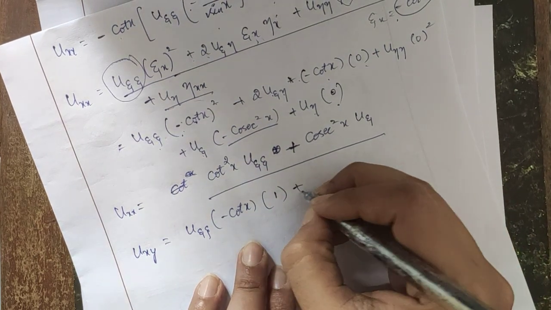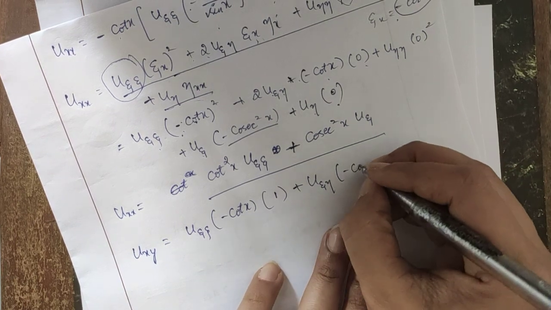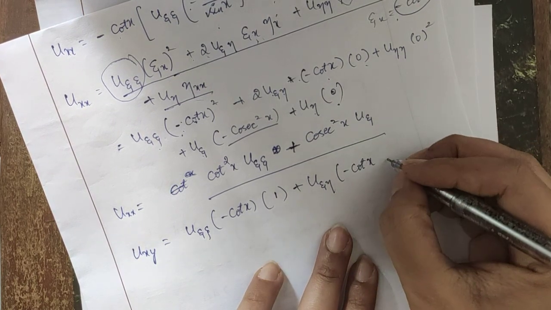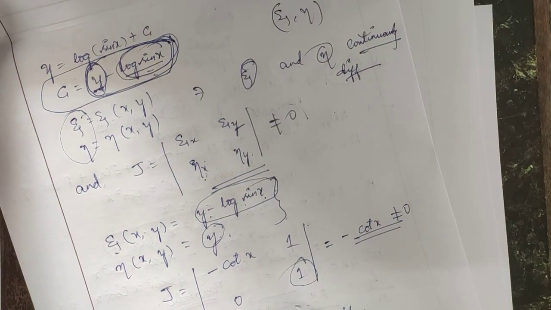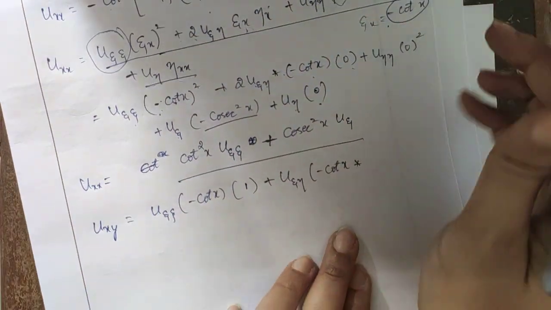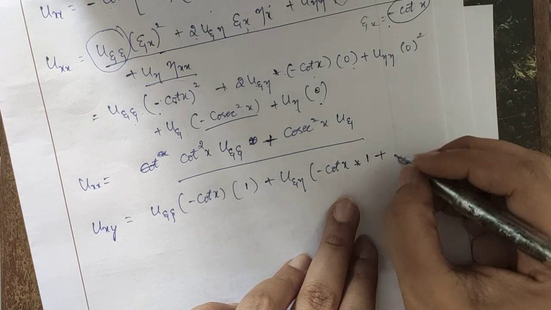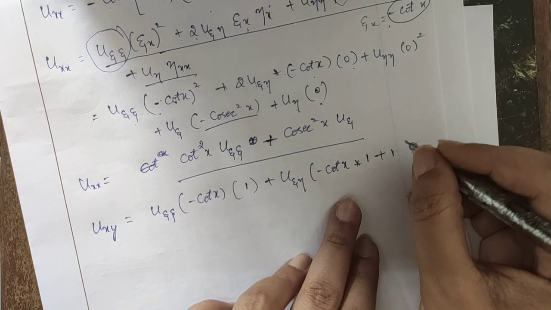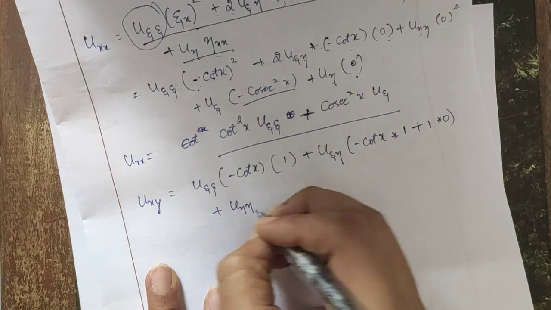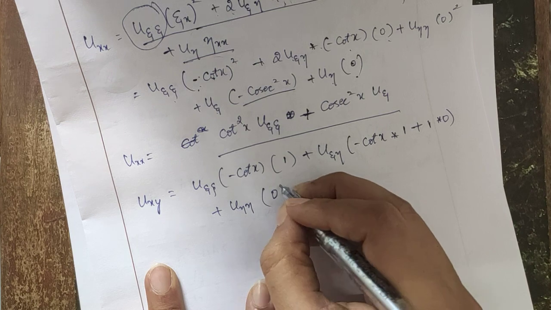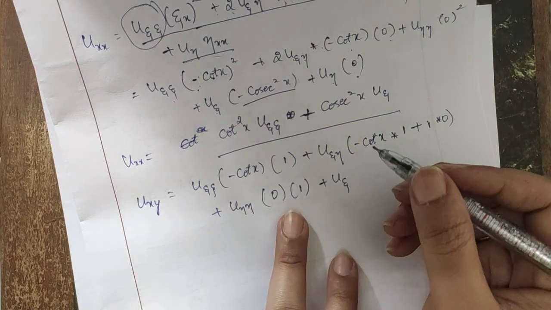So next term is u xi eta. Xi x value is minus cot x. Eta y value is, what do you have for eta y? 1, right? Plus xi y is 1, eta x is 0, plus u eta I will retain as it is, eta x is 0, eta y is 1, plus u xi into xi xy.